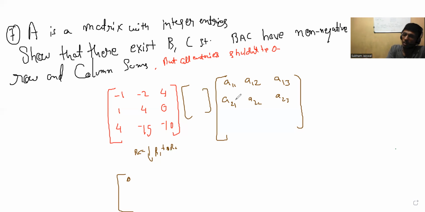So just using row operations, can you make at least 2 rows positive?